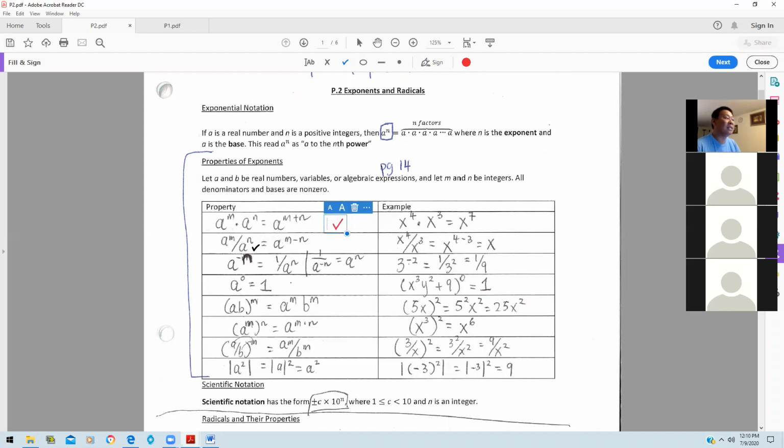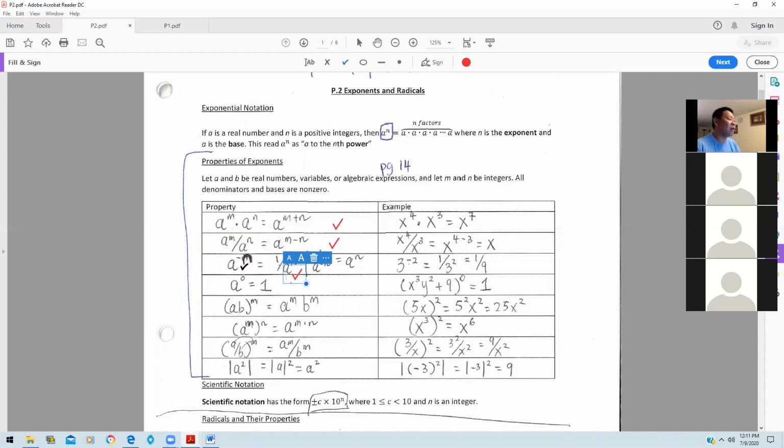I put a checkpoint on this property, meaning you need to know it. Again, don't memorize it, make sure you know how to apply it. If you divide, they have to have exactly the same base, and when you divide, you subtract the exponents. The next one is very important: if you have a negative exponent, it is actually 1 over a to the power of n. This is very important.